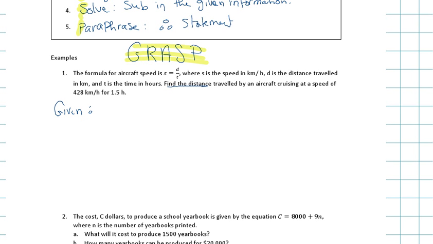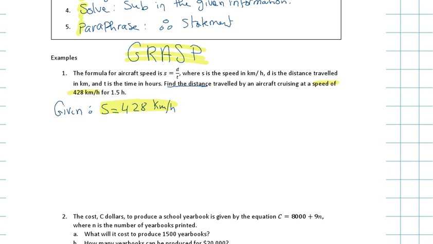S. So you're gonna write S equals 428 kilometers per hour. So this is given information. These are numbers that are given to me.